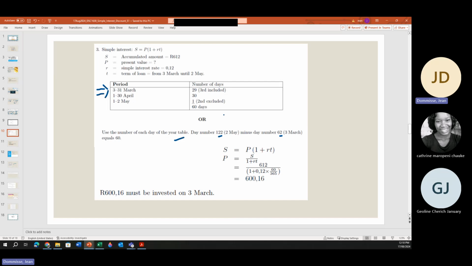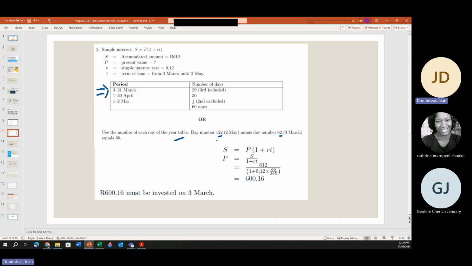So it's always easiest to just do it as one, instead of trying to break it up into months, because then it becomes very difficult, and you can very easily add to one of the months and not the other months.